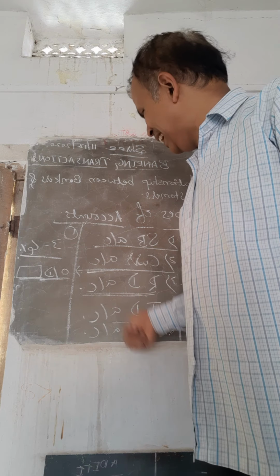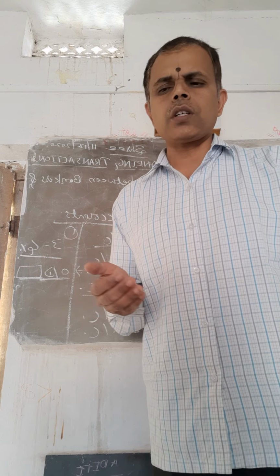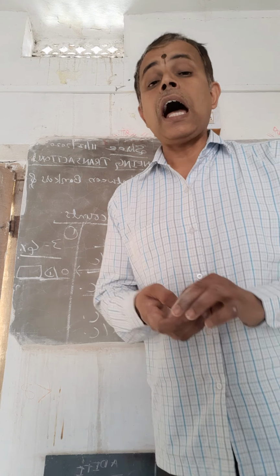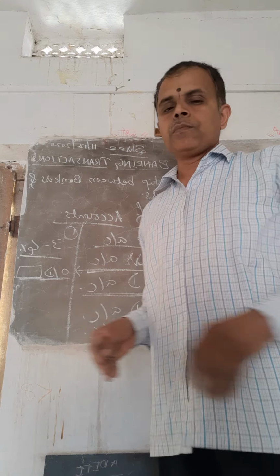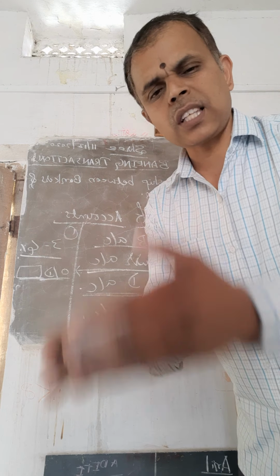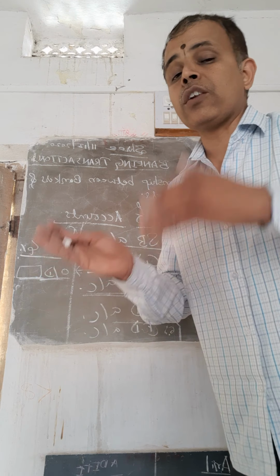So in a TD account or an FD account, you can open a fixed deposit by depositing a particular amount for a fixed period. 1 lakh rupees for 6 months, 1 lakh rupees for 1 year, 1 lakh rupees for 45 days.